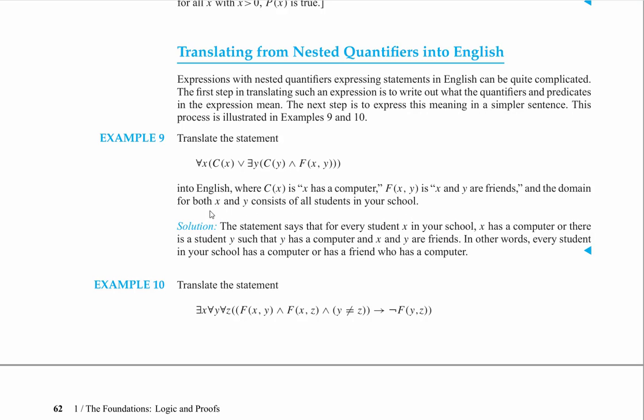The domain here is not numbers, it's all students in your school. So can we figure out what this means? For all students x in the school, x has a computer, or there exists a student y so that y has a computer and x and y are friends.